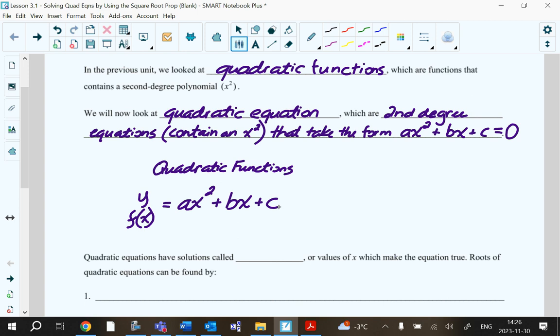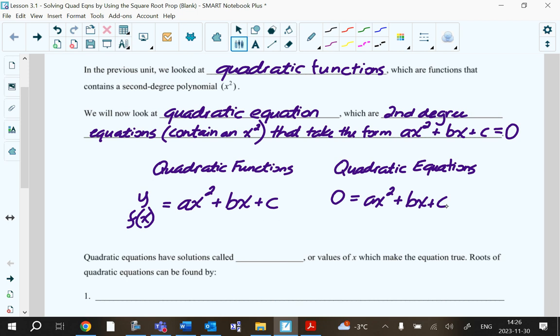Okay? It was y, it was never a number. But with quadratic equations, we are going to replace the y with 0. So instead of y, or f of x, it's 0 equals ax squared plus bx plus c. Or ax squared plus bx plus c equals 0. It's the same thing. I just wrote them in a different order.